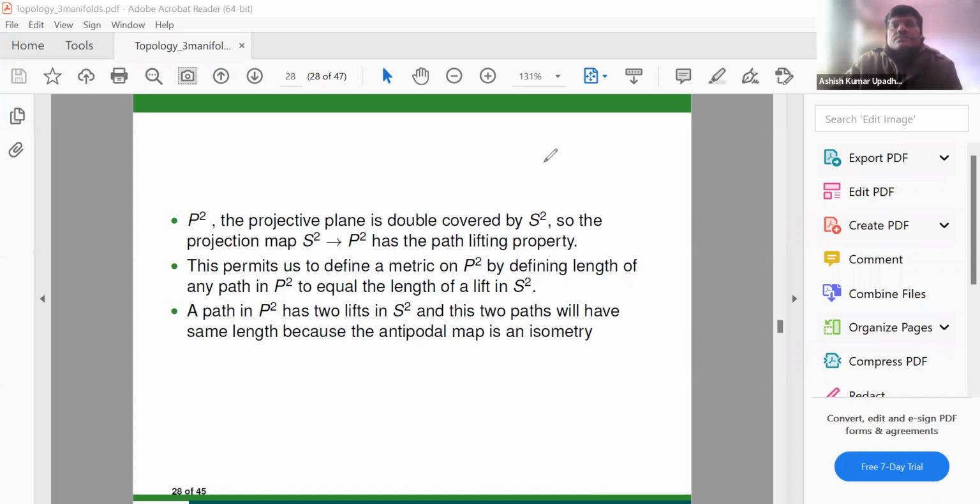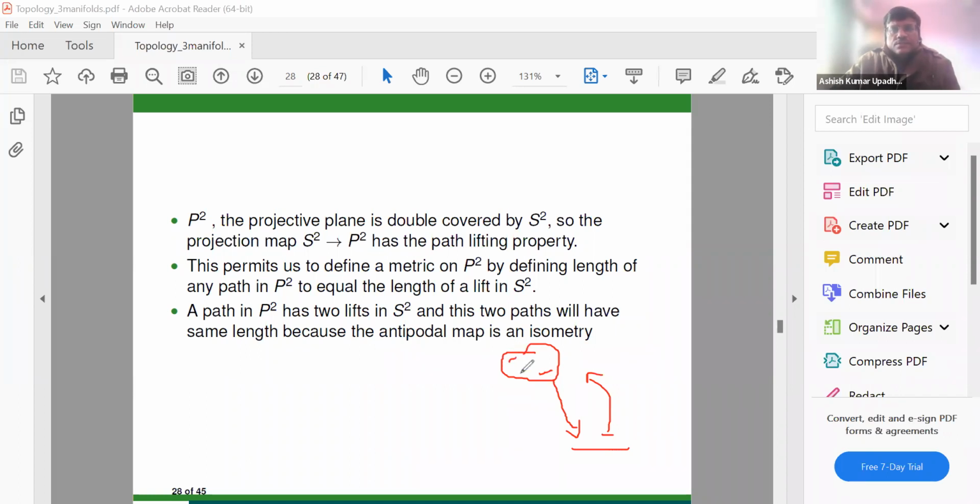Here I will have S2, and from S2 there will be a covering on RP2, and from RP2 a path of this kind will lift into two parts, one in the northern part and one in the southern part.